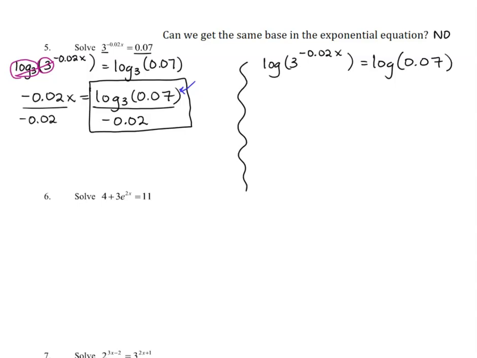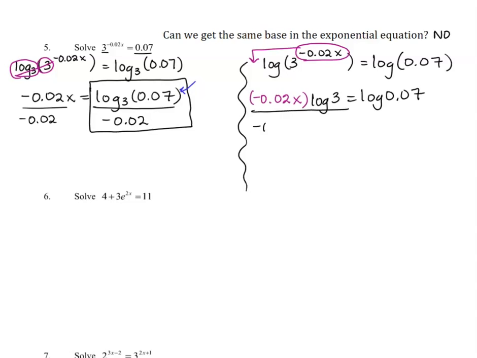On the other hand, if we chose to use log without a base of 3, just with a base of 10, the power rule still applies here, and this exponent of negative 0.02x comes down in front of log 3, and it's equal to log 0.07 still.